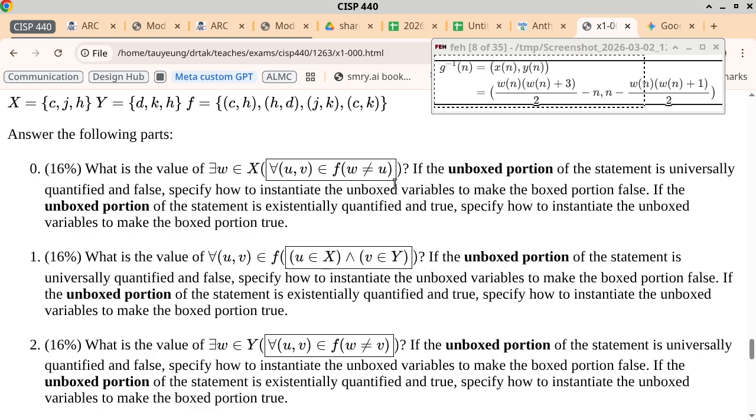So let's read it again. This is basically saying there is at least one element in what we think is the domain of F, such that for every two-tuple in F, W does not equal U, where U is the first item of the two-tuple.